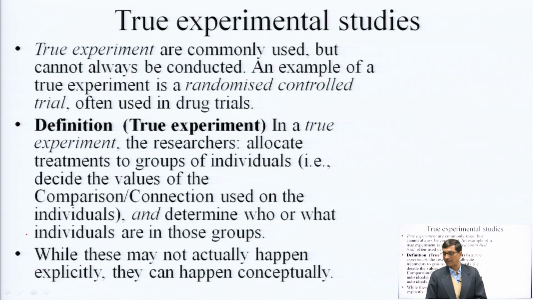So, in true experimental study, true experiments are commonly used, but cannot always be conducted. An example of a true experiment is a randomized controlled trial often used in drug trials. In a true experiment, the researcher allocates treatments to groups of individuals, that is, he decides the value of the comparison or control used on the individuals and determines who or what individuals are in those groups.